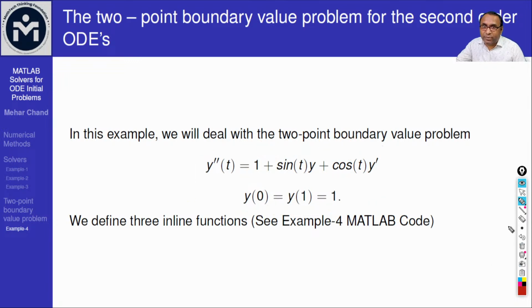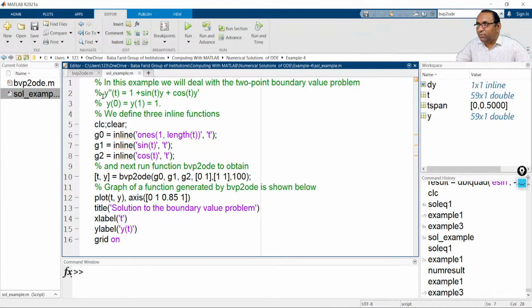Okay, so now come to MATLAB, how you can use all these statements in MATLAB to get the solution. Now we have the equation, we have the conditions. CLC and clear are the usual. Now how can we get G naught? G naught is 1, only 1 is there. So we will use the inline function and get the values for the vector t.